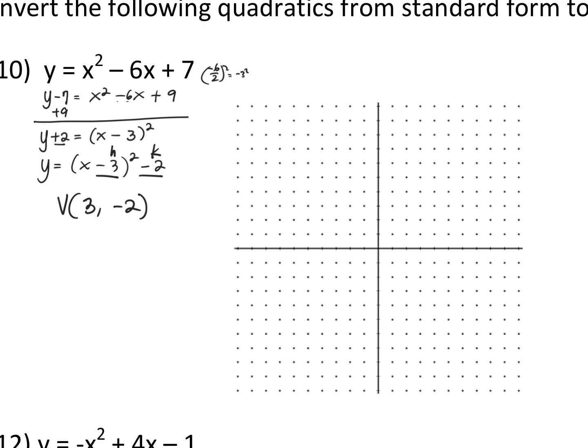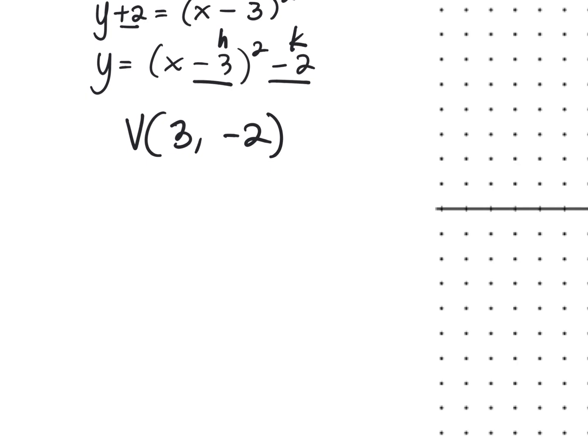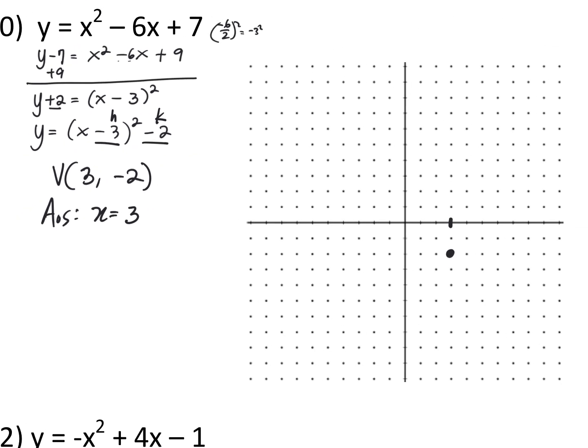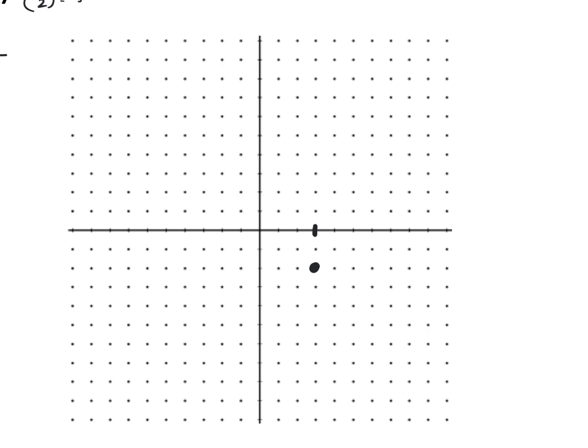So 1, 2, and 3. This is my 3. And this is going to be my negative 2. So it's going to be here. Let's add some more. Our axis of symmetry is going to be x is equal to 3. Let's put a different color here. So it's going to be here.